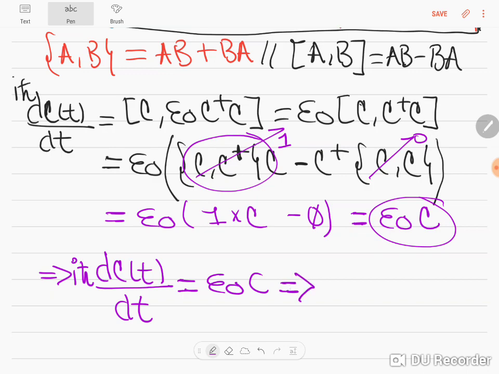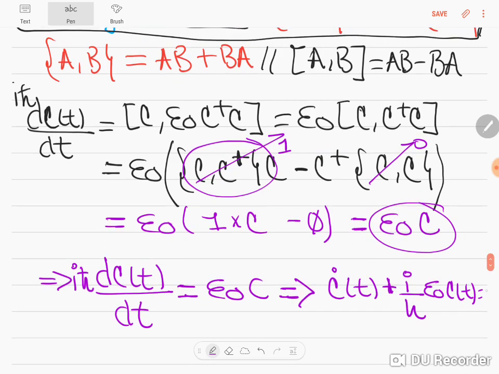In other words, what we have here is the differential equation of the form c dot of t plus i over h bar, sorry, before we have E0 times c of t, equal to 0.